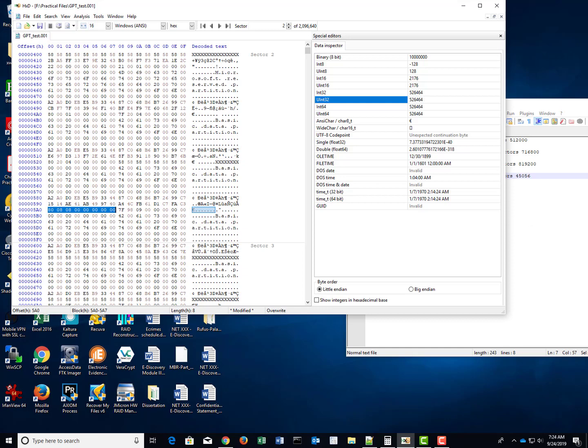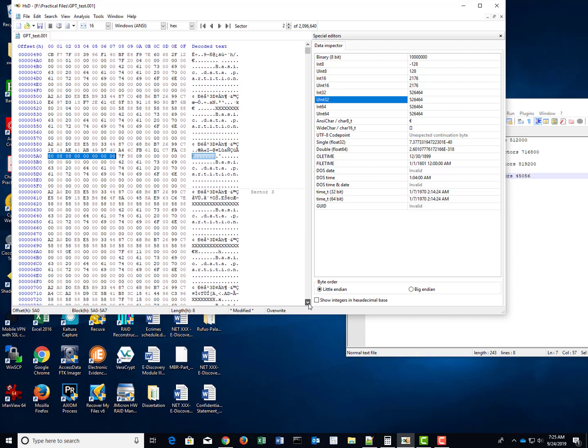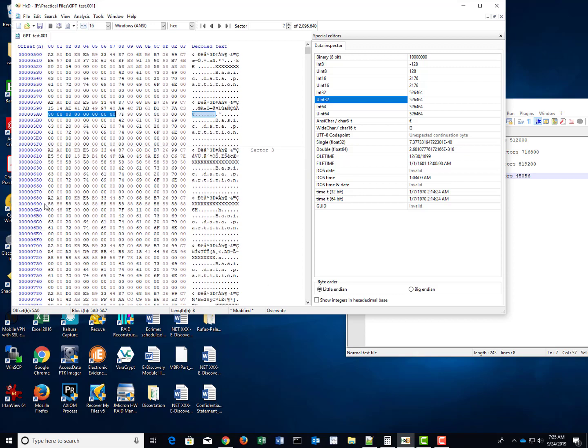When we get to the 6th partition, it's asking for the unique GUID. So here's something different. What's the unique GUID? Well, we're going to go to the backup partition table for that. That's the only place you would be able to get that. You can't discern it in any way because this is a serial number.